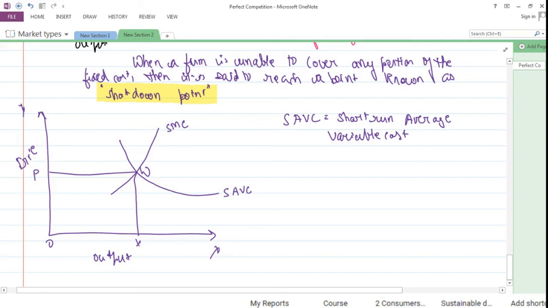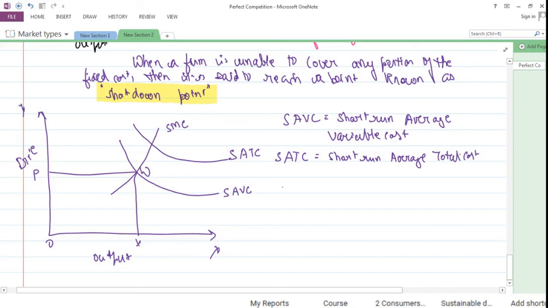So my total average cost is at this level, short run average total cost. ओके, शॉर्ट रन एवरेज टोटल कॉस्ट मेरा यहाँ पे है, उसे मैं यहाँ पे कवर नहीं कर पा रही हूँ. I am not able to meet up the entire total cost. Then I should not be undertaking production at this stage.